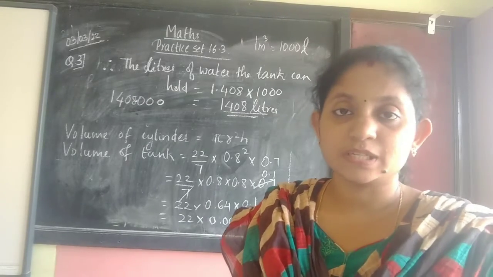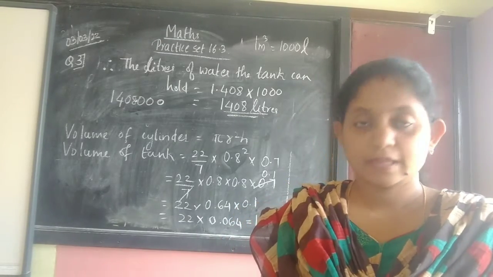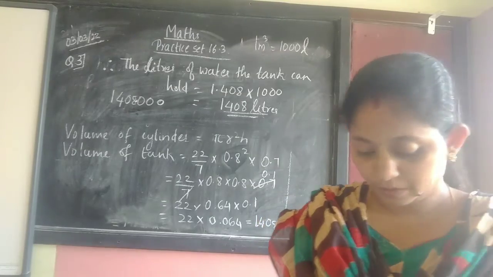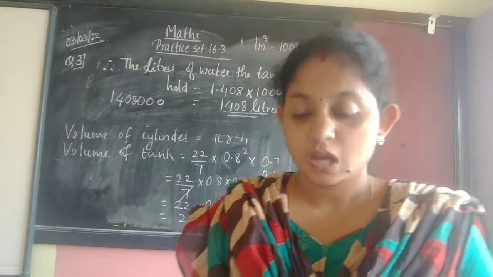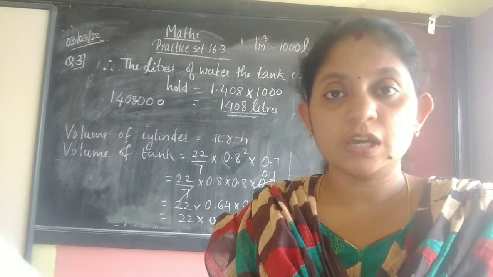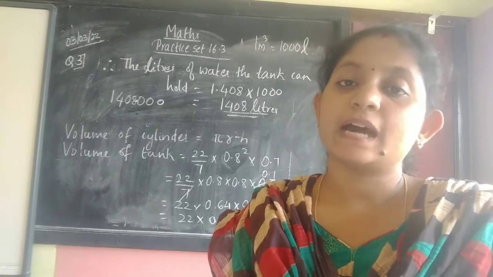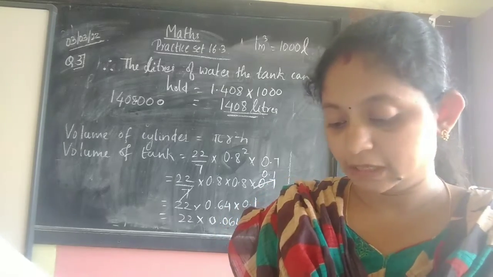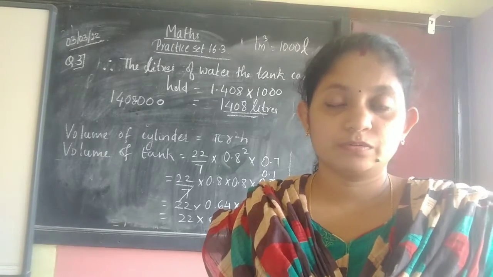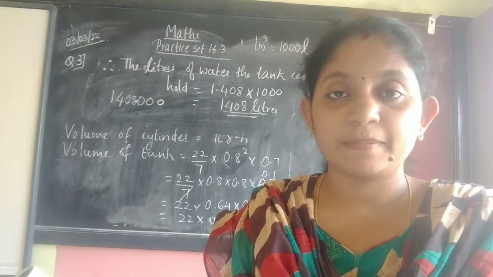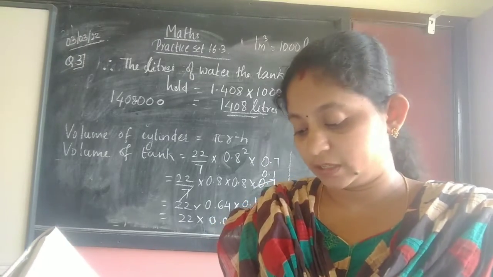Now the last question is remaining of this chapter. Let's see what it is all about. What is given in the question? Find the volume of cylinder if the circumference of cylinder is 132 centimeter and height is 25 centimeter. Now, direct question, they have mentioned that we have to find volume of cylinder.